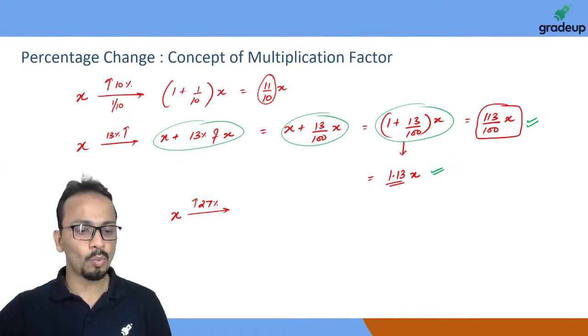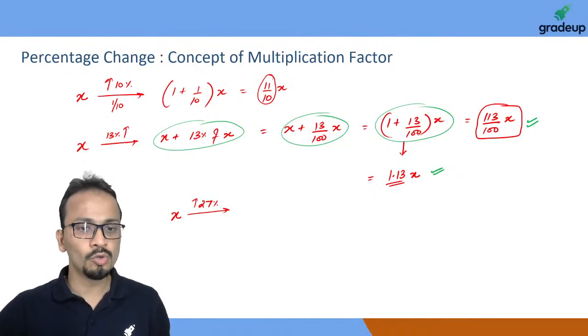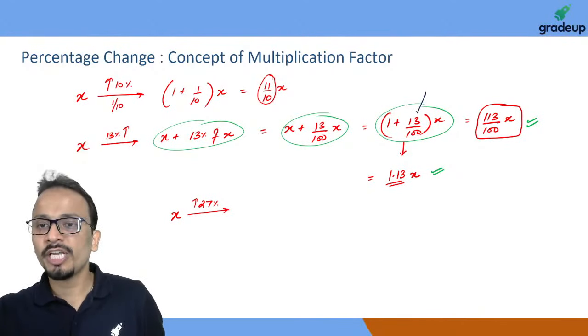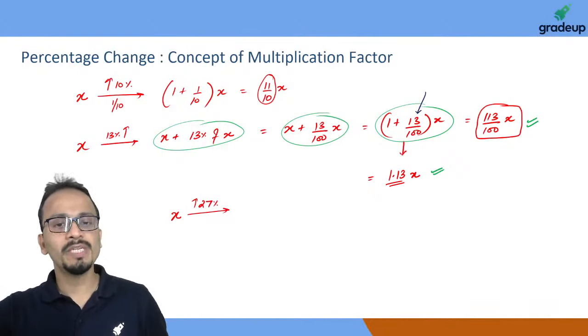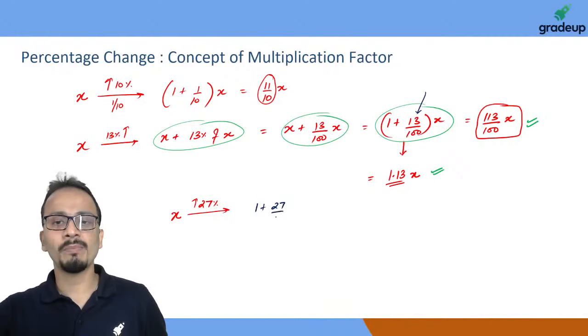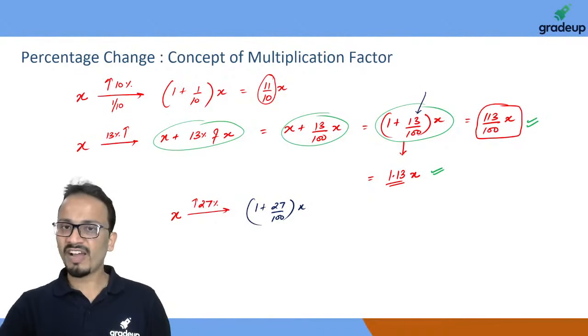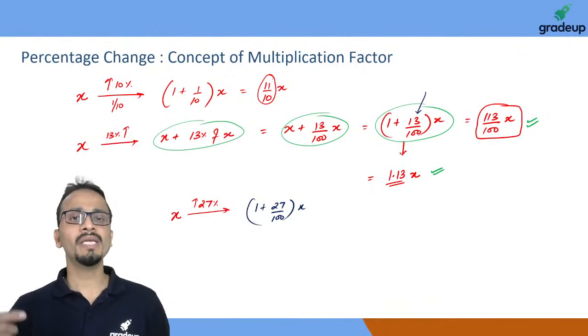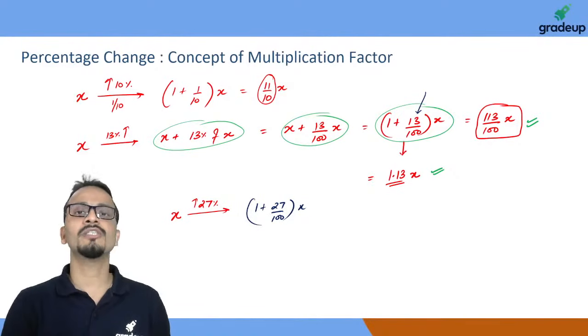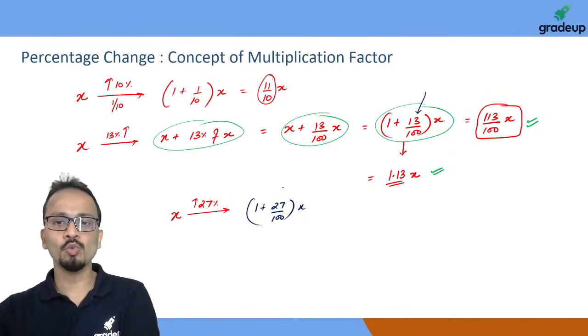Now I have to increase x by 27 percentage. Have a look at what change it will make in the above calculation. Instead of 13, it will be 27. So it will look like 1 plus 27 upon 100 times the original value. The multiplication factor here will be 27 upon 100, which is 0.27, plus 1, that is 1.27.